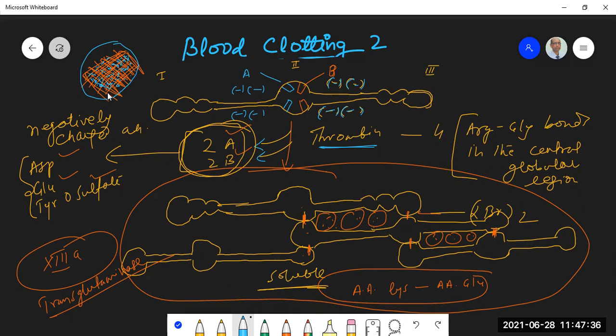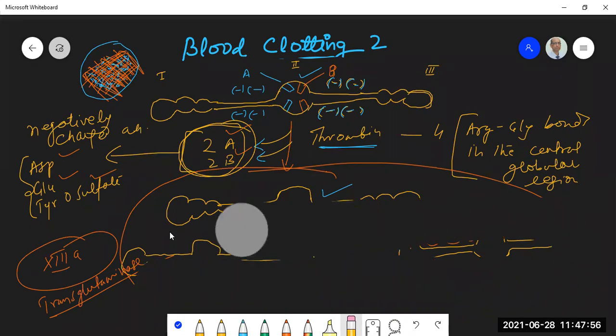So this is stage 1, sub-stage 1, proteolysis. Then sub-stage 2, spontaneously they come closer to each other, and sub-stage 3, formation of these bonds. So this is the biochemistry of conversion of fibrinogen to fibrin, and that is how clot formation takes place.